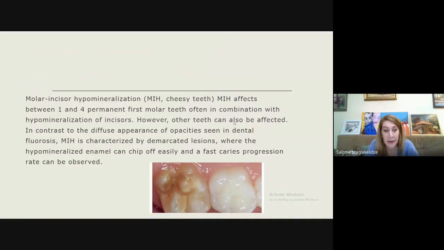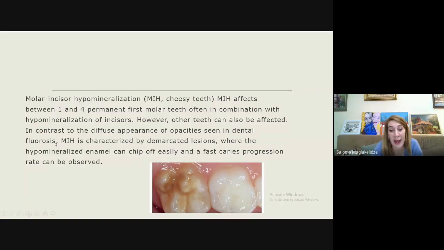Also, there is one condition known as MIH, molar incisor hypomineralization, which is quite common, and sometimes it is misunderstood, and people think that this is caries, but it is not. The enamel here is hypomineralized, and it is very easily damaged. And sometimes we have enamel chipped and the caries progresses easily underneath it.